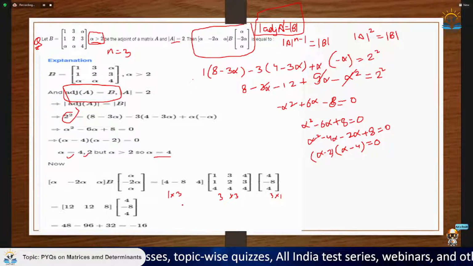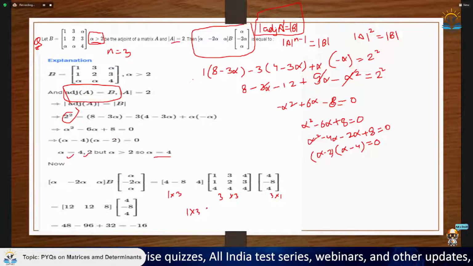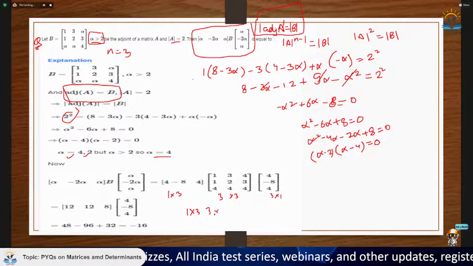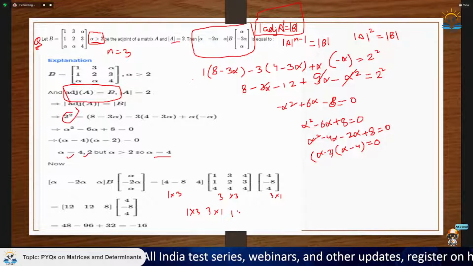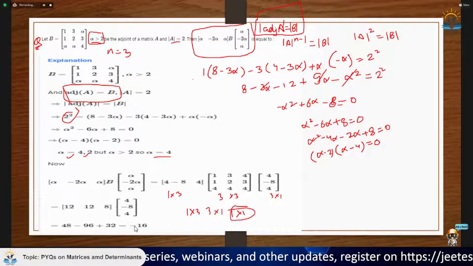So multiplying these two will give you a 1 cross 3 matrix, and then multiplying 1 cross 3 with 3 cross 1, you will get a 1 cross 1 matrix, that is only one element. That's why your answer is only one element.